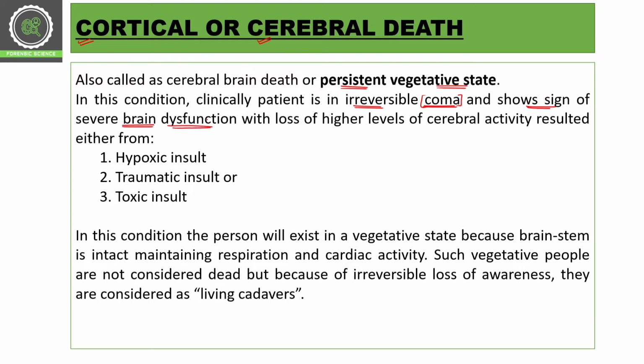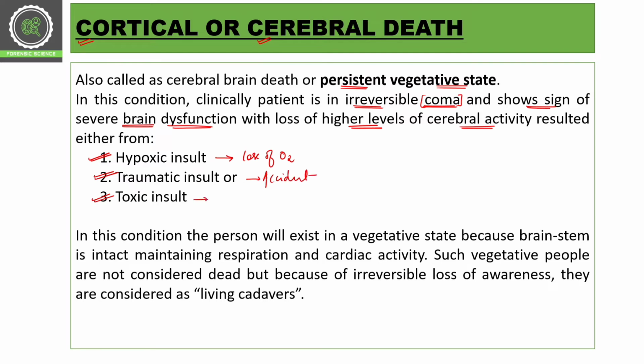So we have a patient in irreversible coma with symptoms of severe brain dysfunction. That person loses the higher levels of cerebral activity, which might result from three things: hypoxic insult, traumatic insult, and toxic insult. Hypoxic insult comes when there is loss of oxygen. Traumatic insult comes from a trauma or some accident.